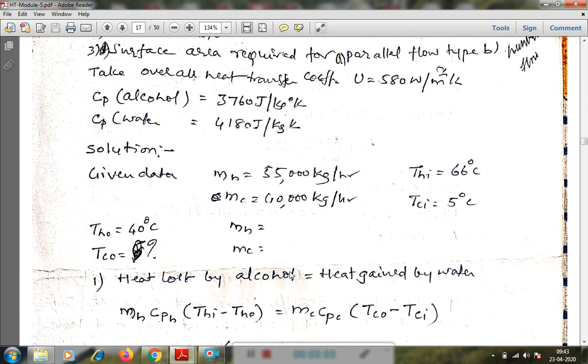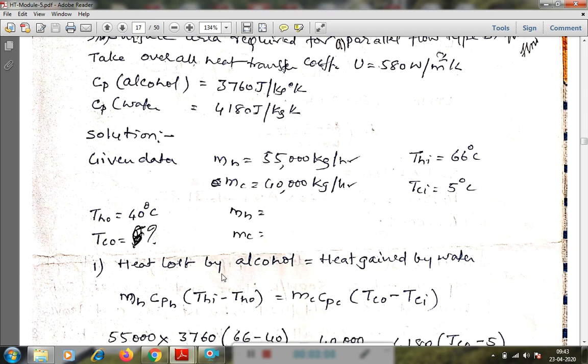By the energy equation, heat lost by the hot fluid is equal to heat gained by the cold fluid, that is, heat lost by alcohol is equal to heat gained by water. That can be given as mH CpH (Thi minus Th0) equal to mC CpC (Tc0 minus Tci).